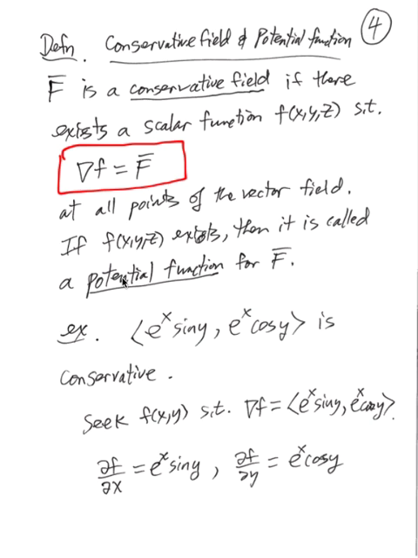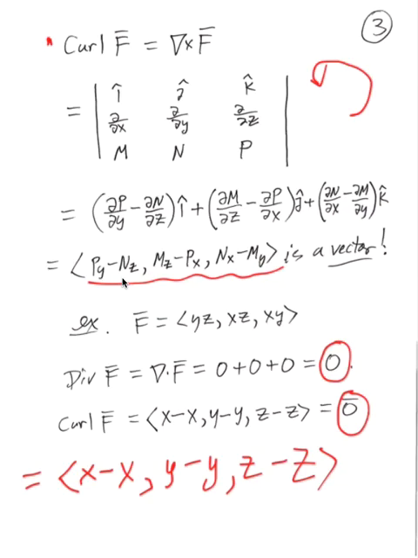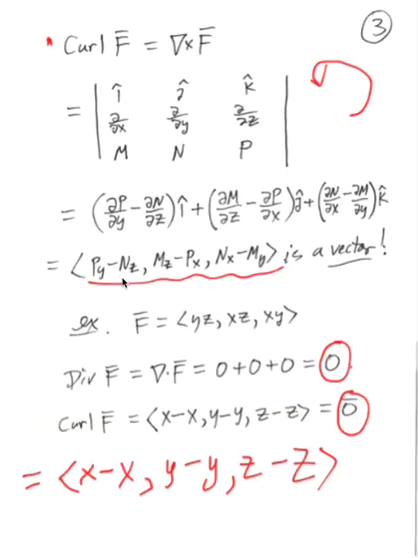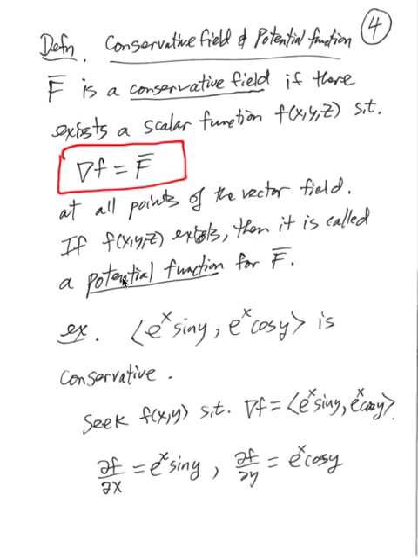You folks shouldn't have any difficulty computing these. There's one section in your textbook where they ask you to compute divergence and curl. It should be easy, so I'm not going to spend a lot of time on that. If you can take partial derivatives, you're in good shape.